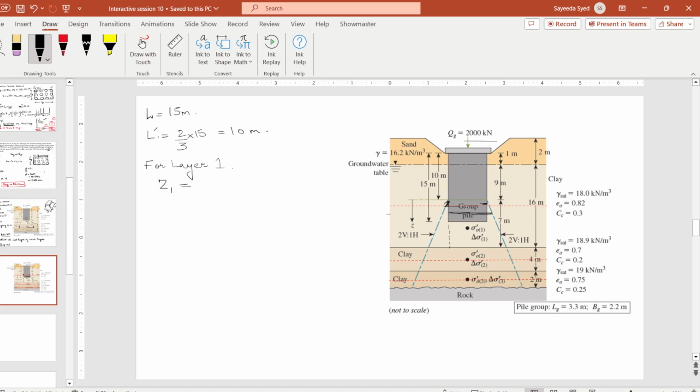We will have a midpoint at 8 meter, which will be above, but in this figure it is not seeming as the midpoint, but this will be the midpoint at 8 meter.